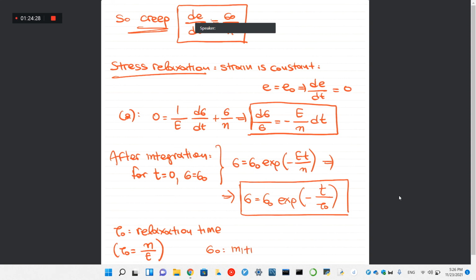Okay, so that is the relaxation equation from Maxwell's theory, and for creep it is this one.